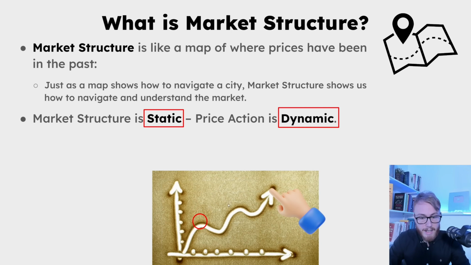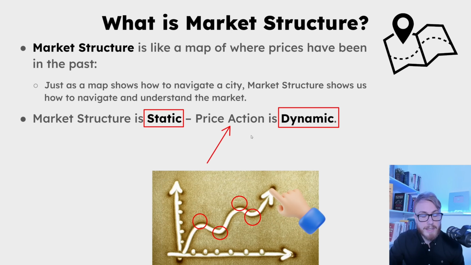So for example, the highs right here and the lows right here are all part of the market structure. And this is what I mean when I say that market structure is static. The market structure doesn't actually change. Once the market structure has been built, it will stay there forever.